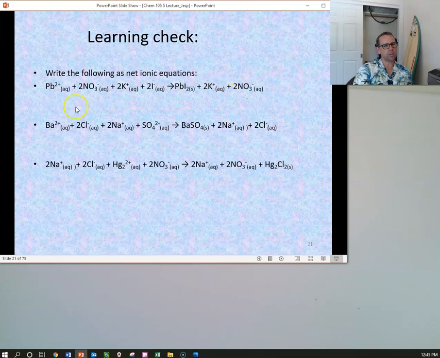Very good. The NO3s aren't going anywhere. And what else isn't doing anything? 2K. The 2 potassiums. That's right. The lead ion comes together with 2 iodide ions to form lead-2 iodide. Excellent.